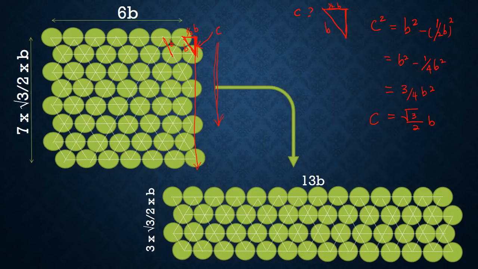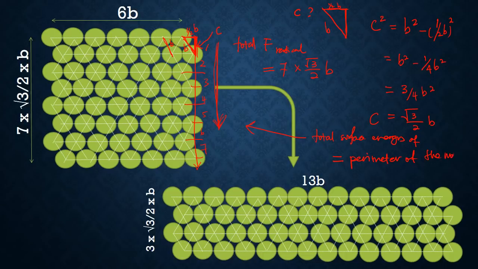So what is the total vertical force acting on the surface of the square? We have how many C here? We have 1, 2, 3, 4, 5, 6, and 7. So we have 7 C, which equals 7 times square root of 3 over 2 B. To calculate the total surface energy of this material, it will be equal to the perimeter.